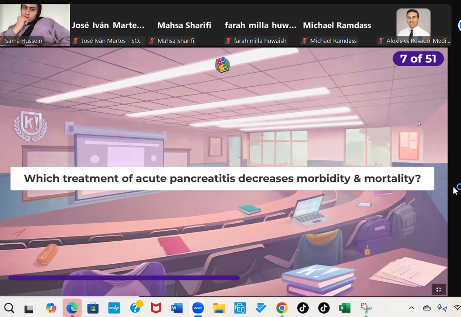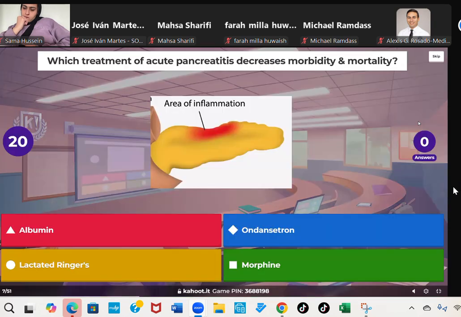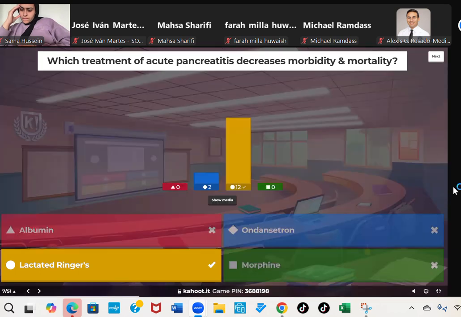Which treatment of acute pancreatitis decreases morbidity and mortality? Albumin, ondansetron, lactated ringers, morphine. Right, excellent. So decreasing morbidity and mortality, remember that patients who have acute pancreatitis are dehydrated, not only because they have nausea and vomiting, but because of the inflammation process that is going on inside of their body.